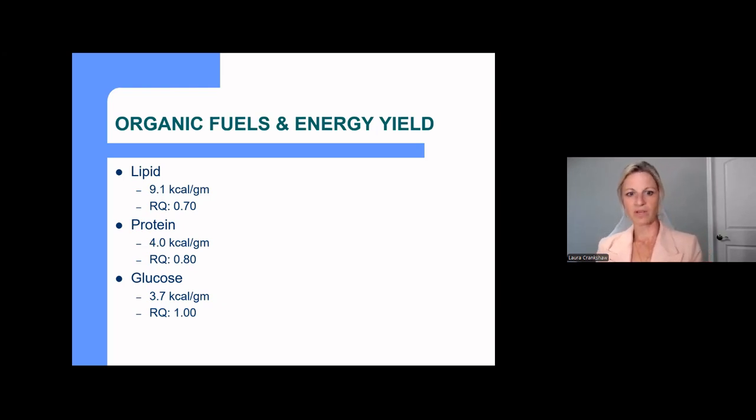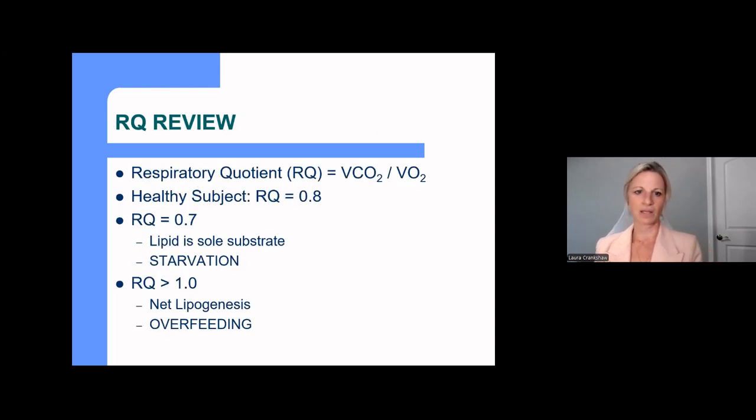The 0.7 and the 0.8 just come from the different amounts of oxygen going in and CO2 molecules coming out. Looking at that a little more closely, here's the actual equation written out: volume of CO2 exhaled over how much oxygen we are consuming in the metabolism of each substrate. In a healthy person, that's going to be somewhere between 0.7 and 1. An easy number to remember is around 0.8.